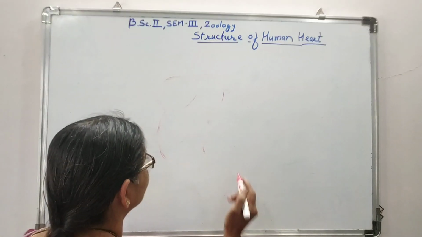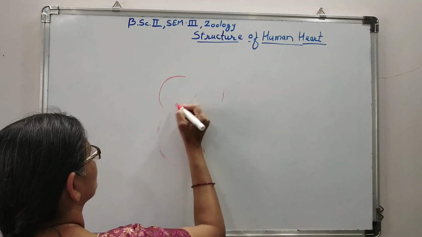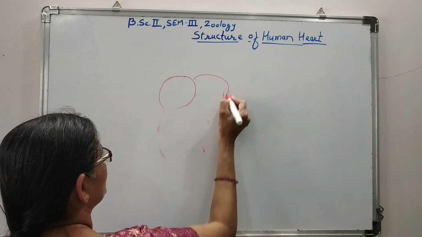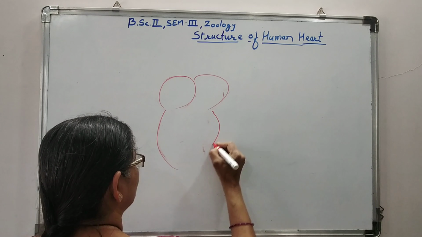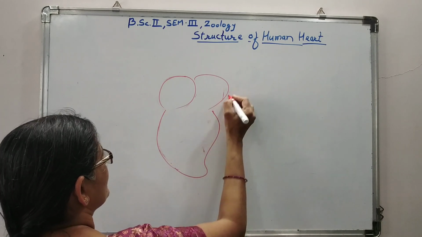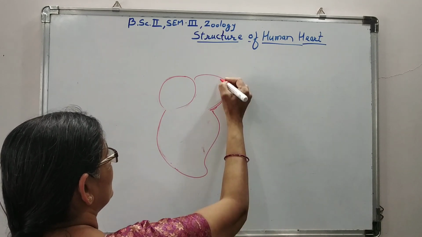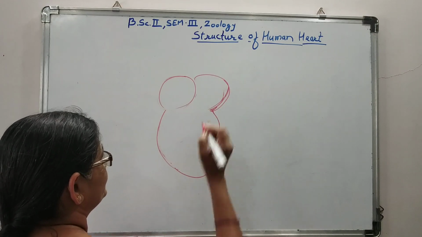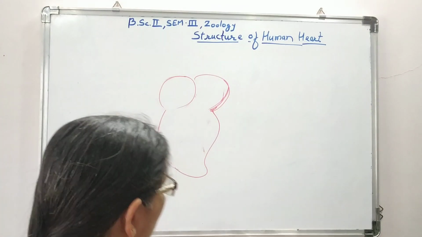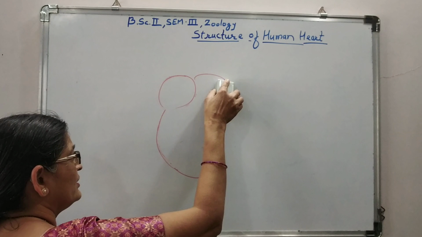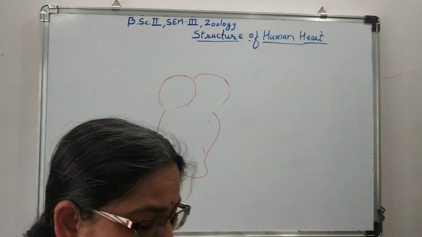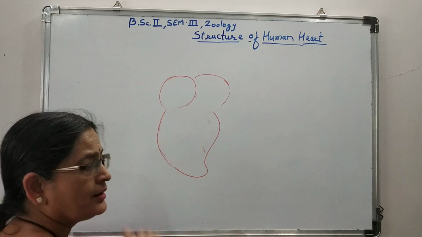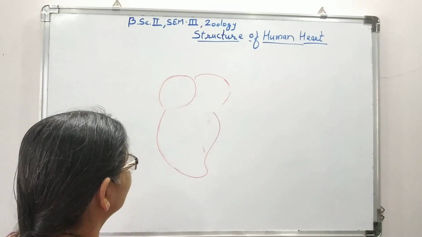See this? The outline of our heart. This heart is near about conical in shape. Here you can observe the narrow apex is situated on the lower side and the broad base on the upper side.